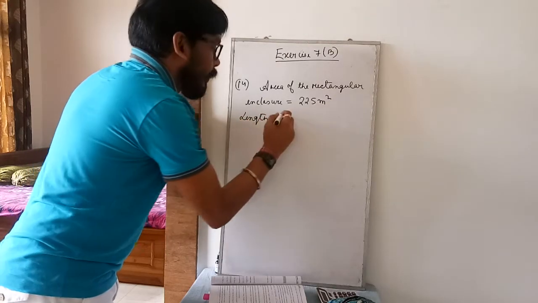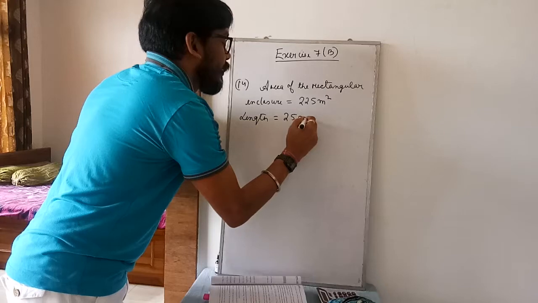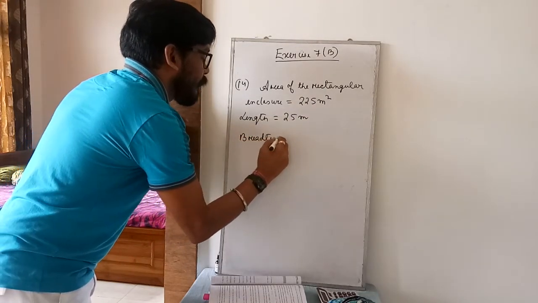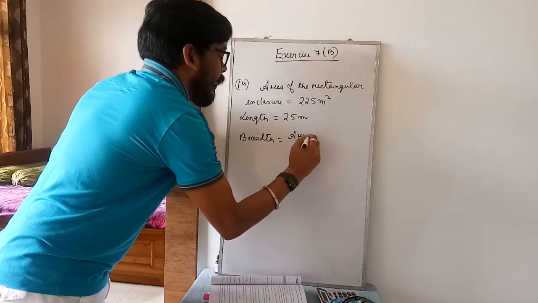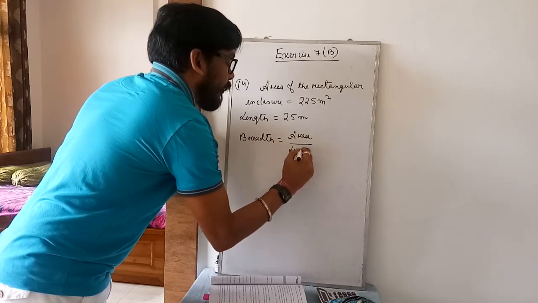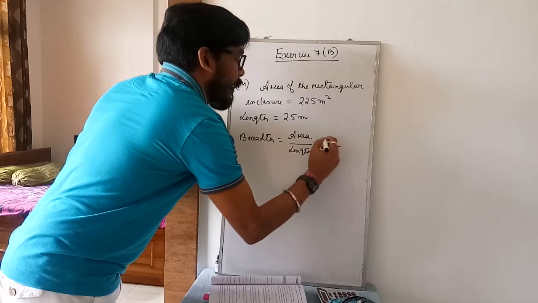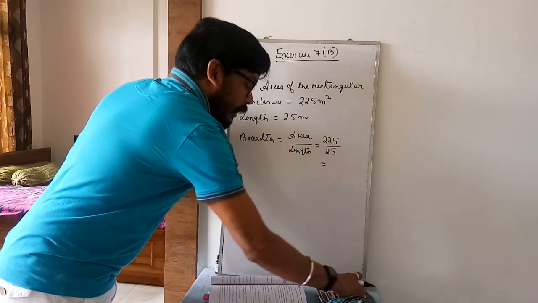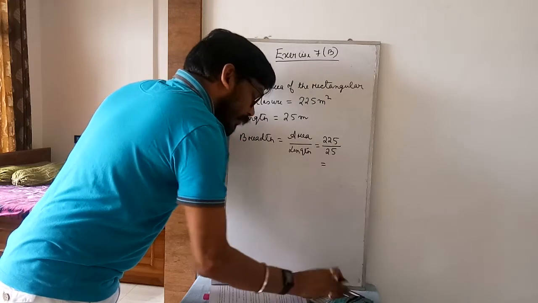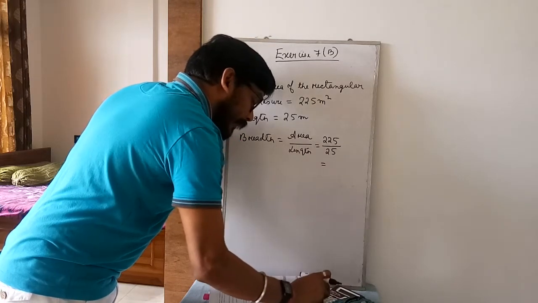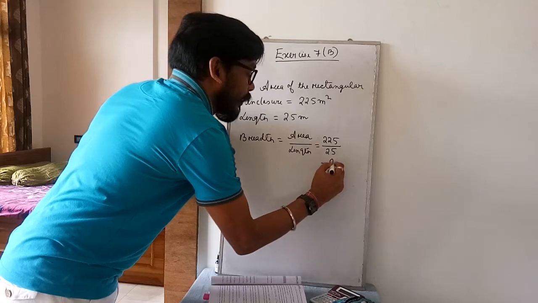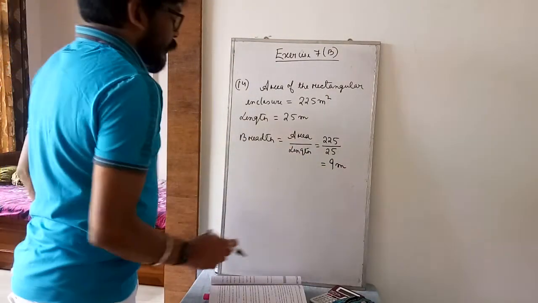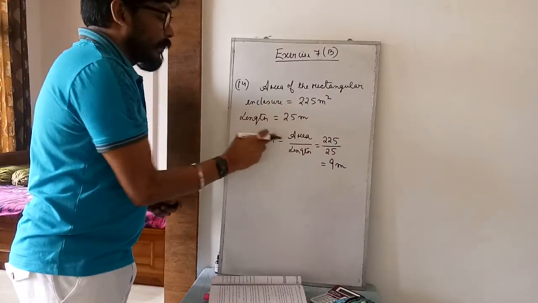Length equal to 25 meter. What do we have to find out? We have to find out the breadth. So breadth is area by length. So your area is 225 and here it is 25. So it will be how much? 225 divided by 25. Sorry, it is 9 meter. Okay? So you got the length and breadth.